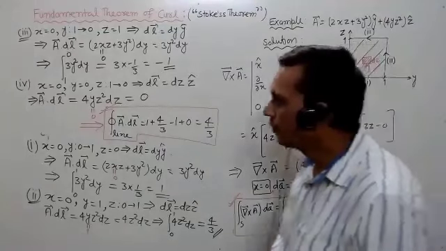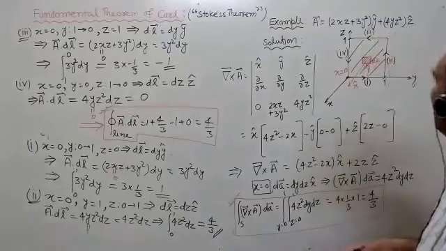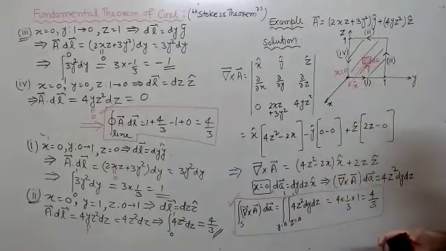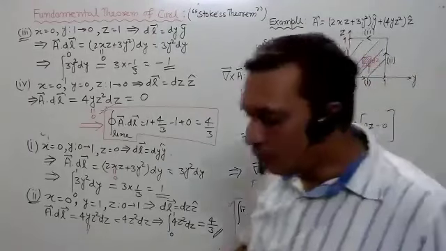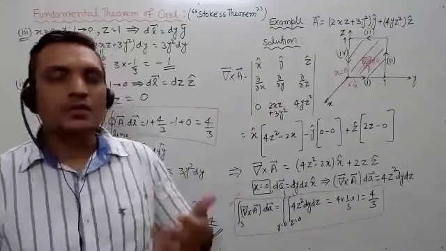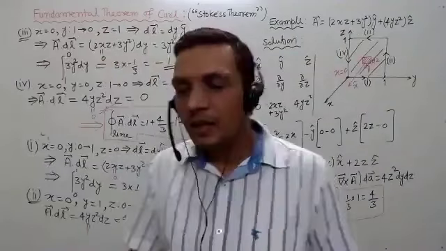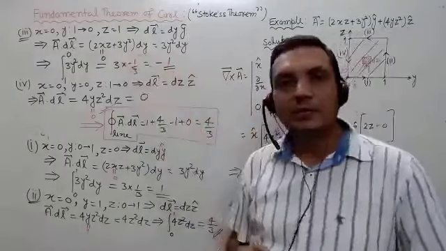So physically, what does 4 by 3 represent in the diagram? When we discuss electrostatics and magnetostatics, then we will talk about these integrals. But for example, what does A dot dl represent?